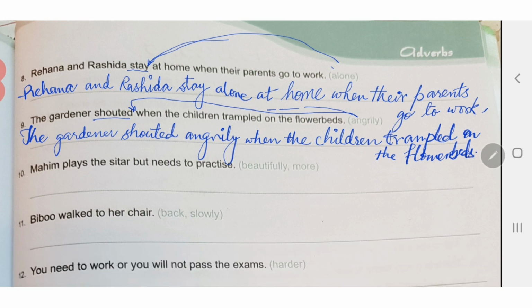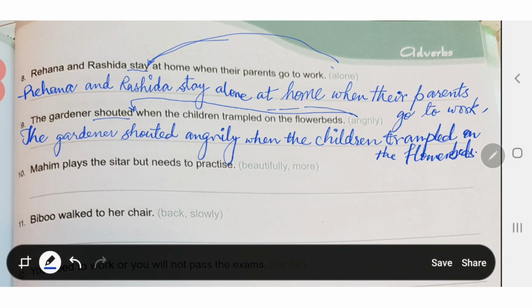Full stop. Is this clear to you, students? Fun, right? Yes. Now let's come to number 10.